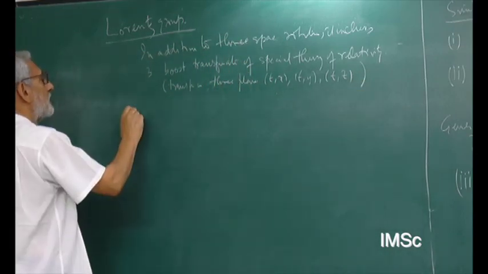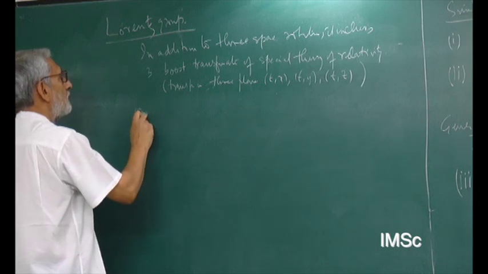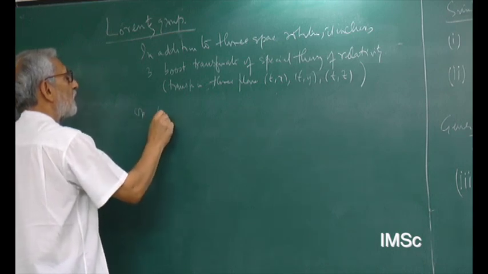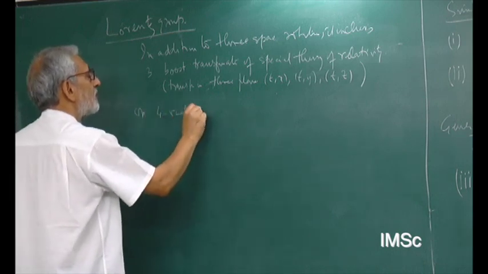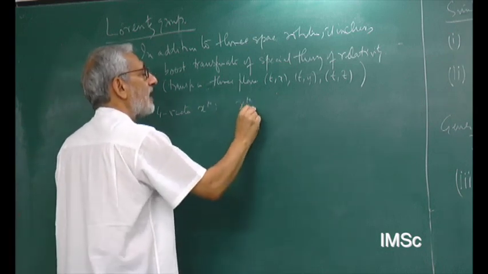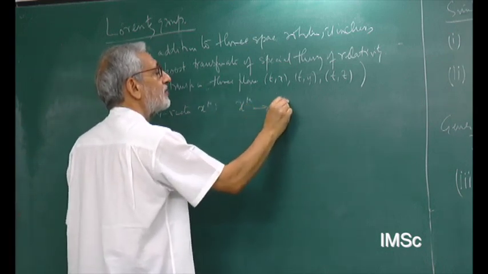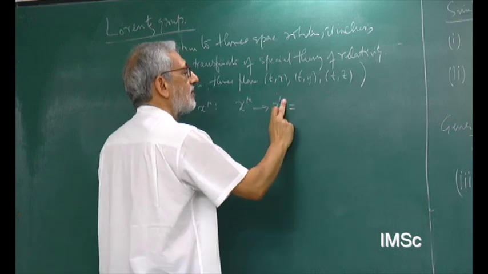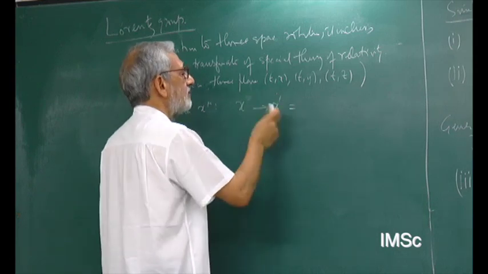So if on 4 vector x mu, Lorentz transformations act as, I'll just write x now, not write mu.